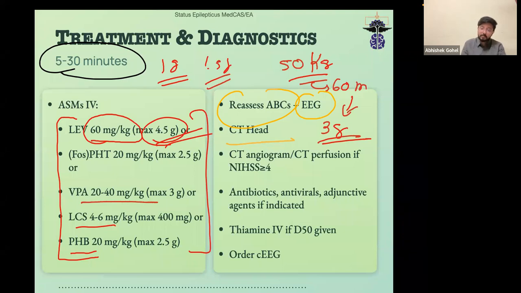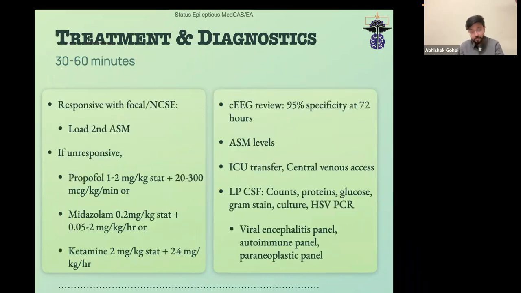At this point of time, you should have adequate information on whether adjunctive medications are indicated, that is antibiotics and antiviral medications, if at all required. If D5 is given, give thiamine irrespective. And once EEG is started, once the status is confirmed, order a continuous EEG monitoring for the reasons I explained previously.